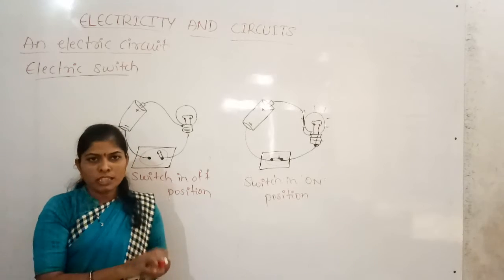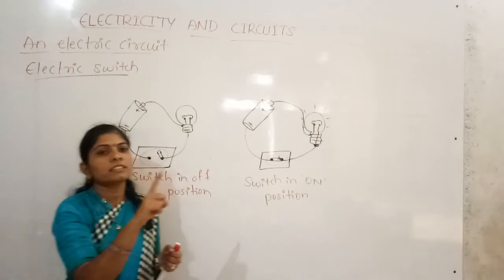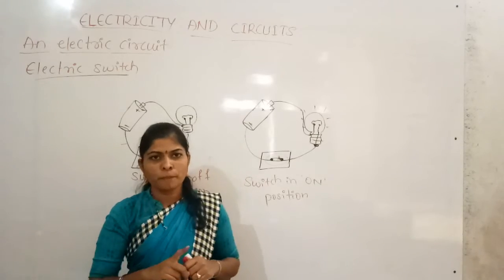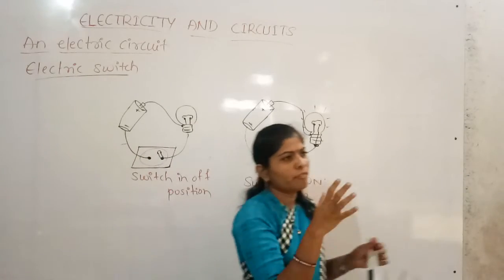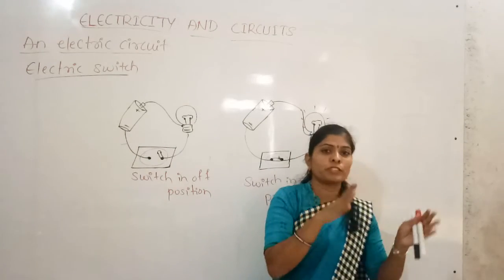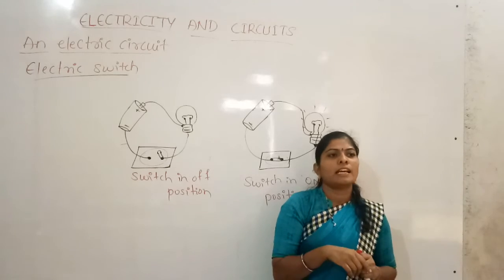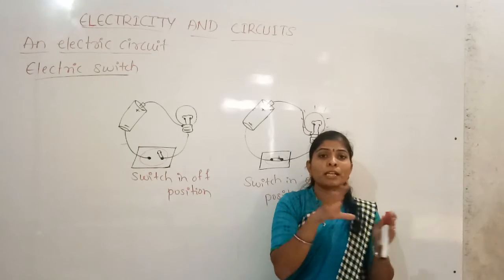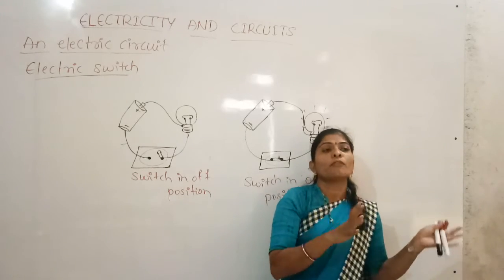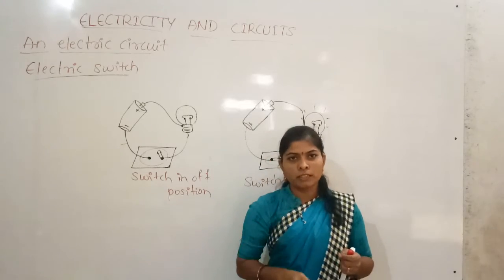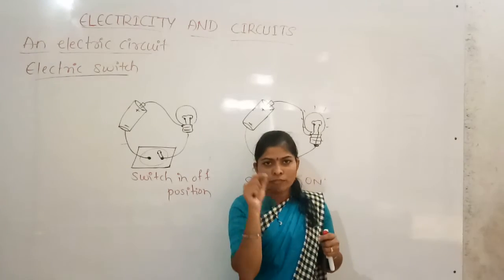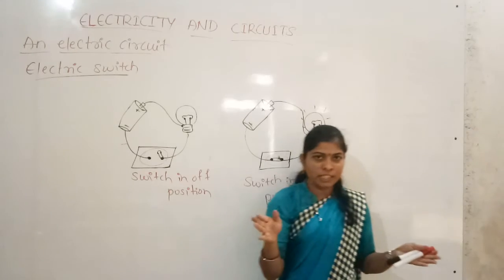When we switch on the switches, the circuit becomes complete. Always we know that when we need the light, at that time we switch on the buttons, so that the circuit becomes complete. And when we switch off the button, at that time the connection breaks, so the circuit becomes incomplete.